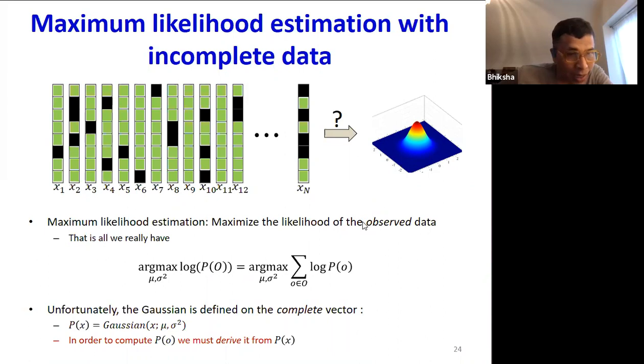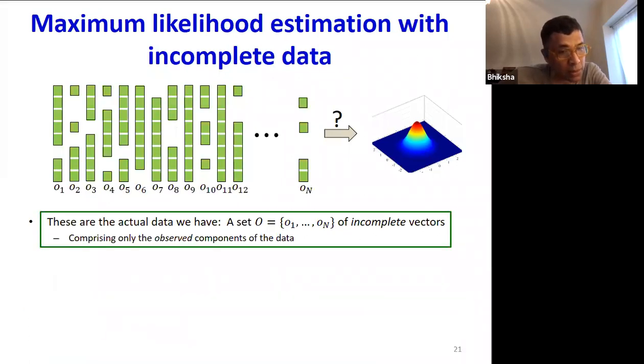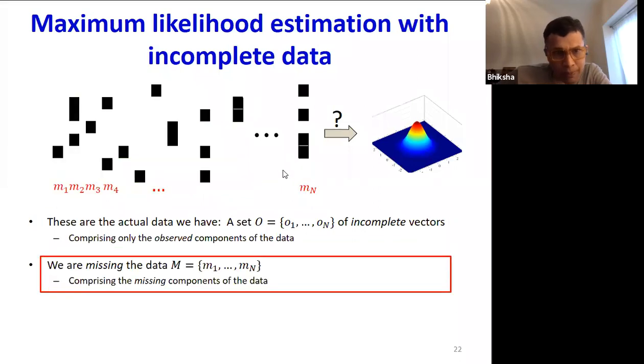And our log likelihood, now, if you want to perform maximum likelihood estimation, you want to maximize the likelihood of what you did observe, which means that you want to maximize the likelihood of these green components because this is all you have observed. This is the only data about which you can make the assumption of boringness. These black components have not been observed, right?